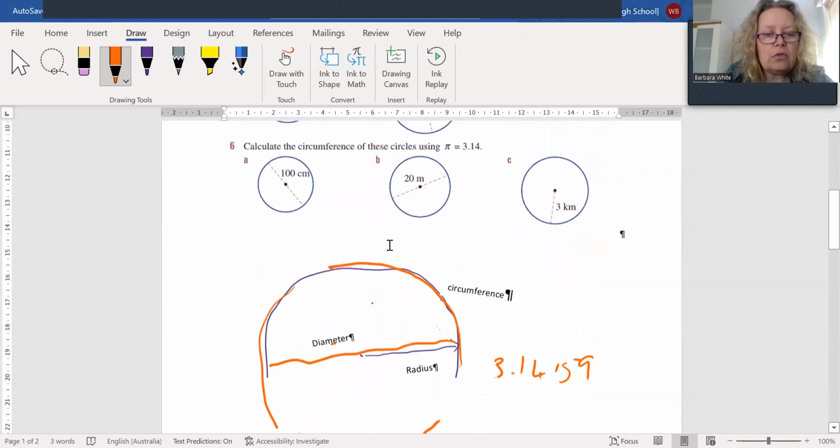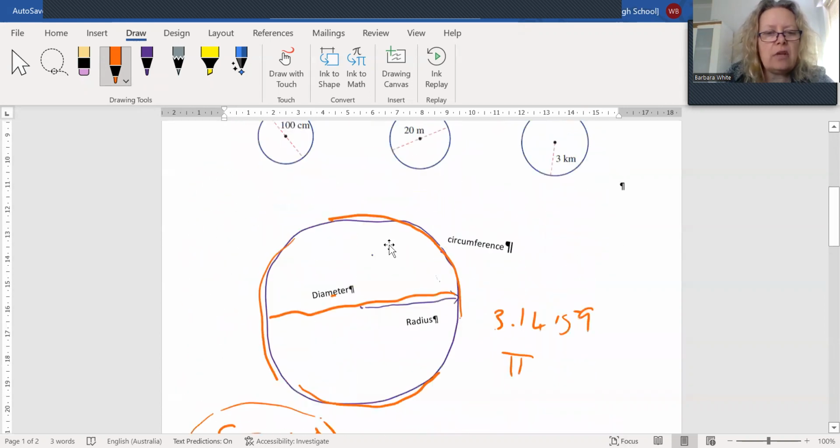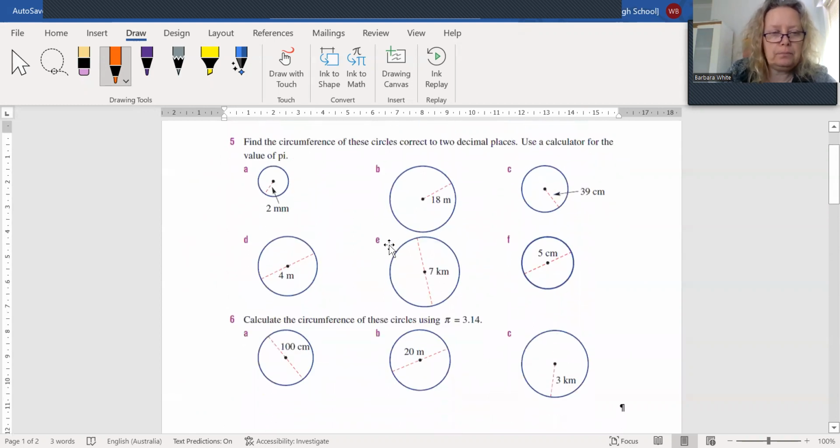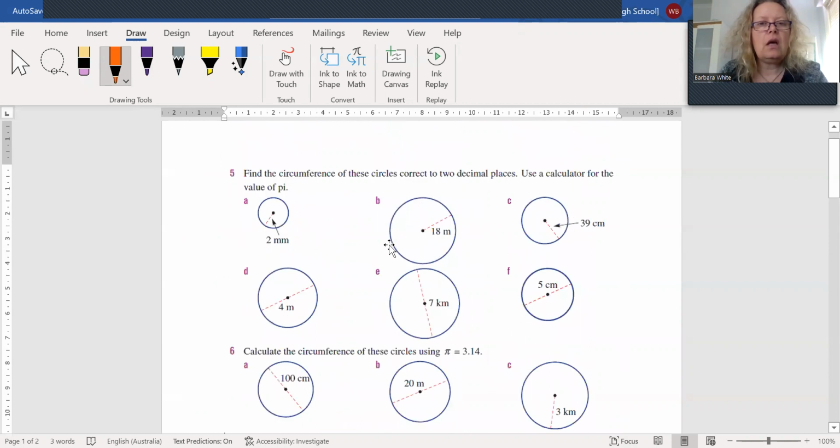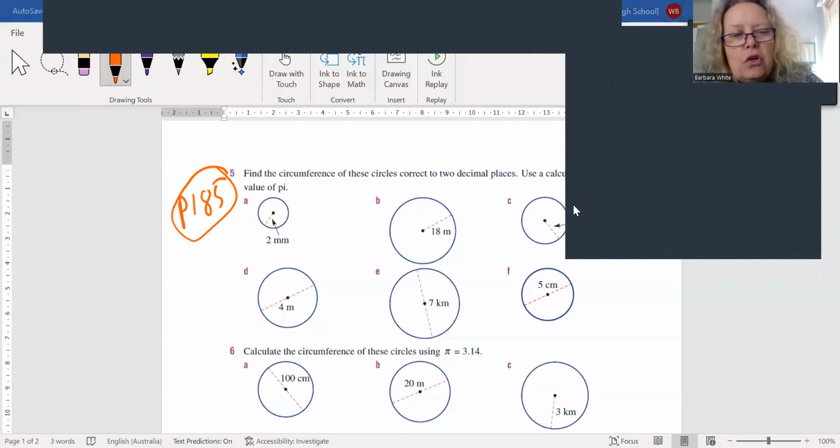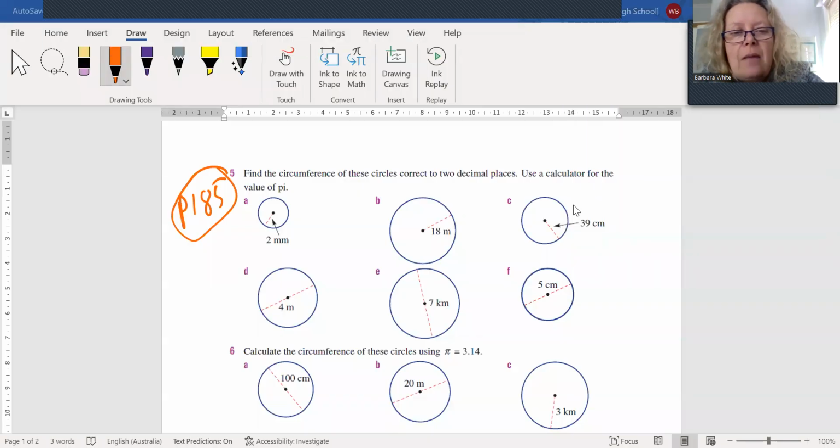Oh, look, some circles. Where's the other stuff down there? Okay. This is on, I can't remember what page. So you're asked to find the circumference of these circles, okay?